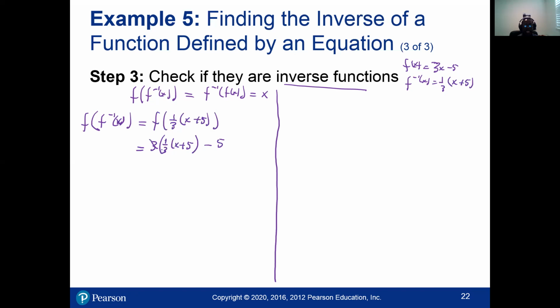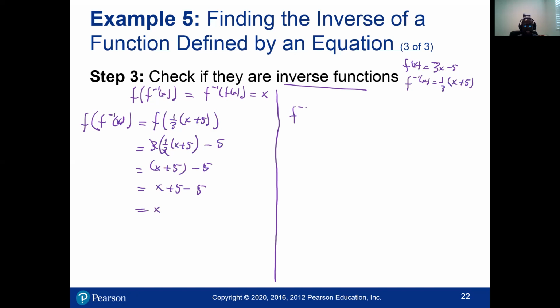So the 3's cancel out, and we're only left with x plus 5, minus 5. Removing the parentheses, we have x plus 5 minus 5, and that is equal to x.